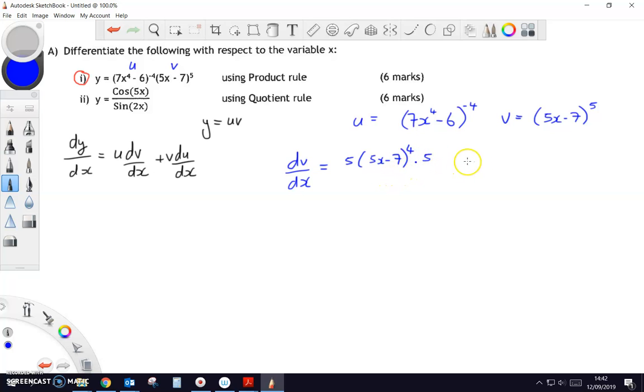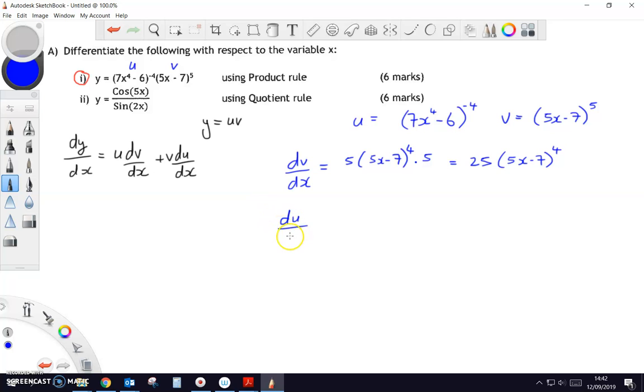So that tidies up to give us, for dv/dx, you can multiply the 5 by the 5 in front, and we get 25 times 5x minus 7 to the power of 4. That's dv/dx.